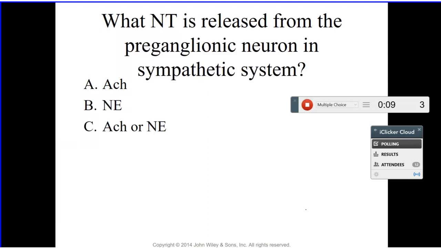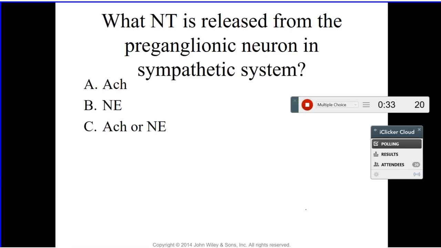So NT stands for neurotransmitter. The key here is preganglionic neuron. I'm missing 2 people. Give that answer.